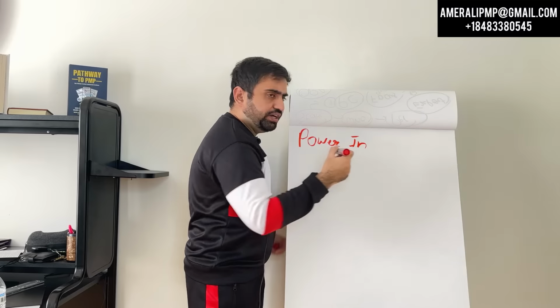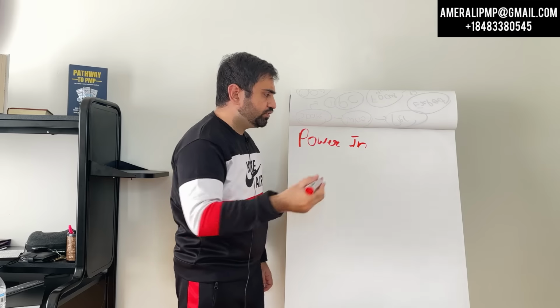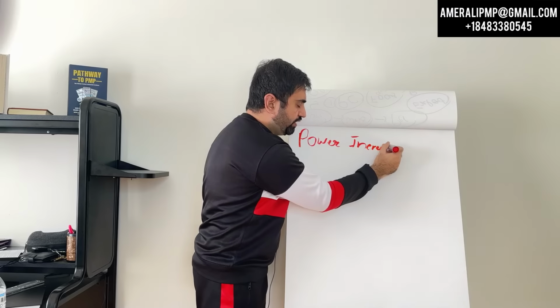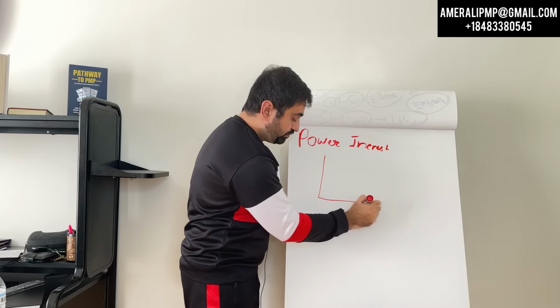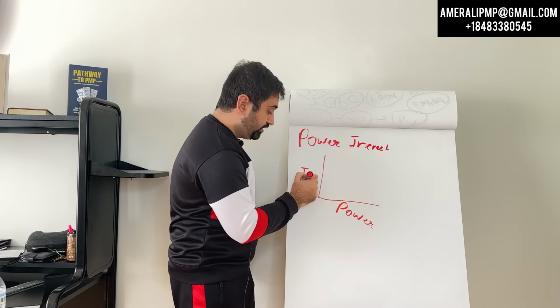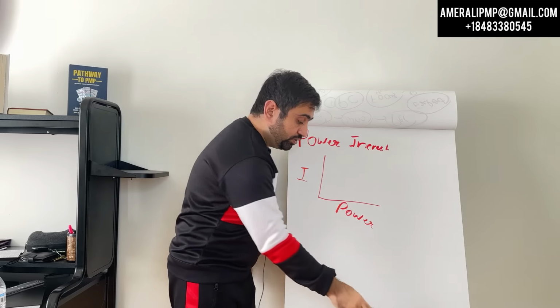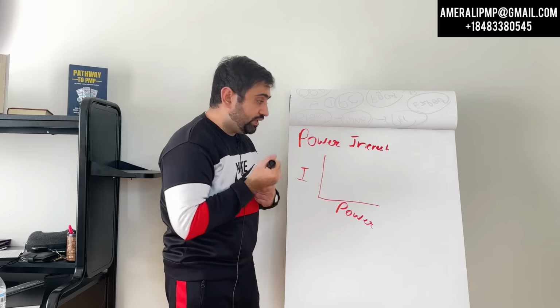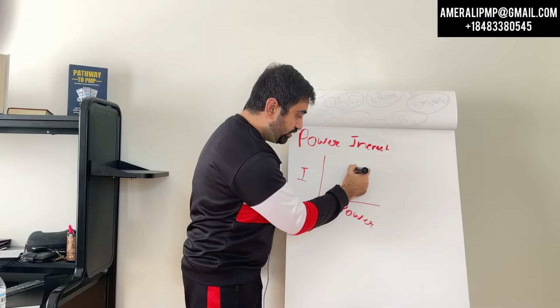But the most important tool for prioritization is the power interest graph. It can be power interest, power influence, whatever you want. I like power interest. So I put power here and interest here. Okay, so a 2x2 matrix. These are those stakeholders.